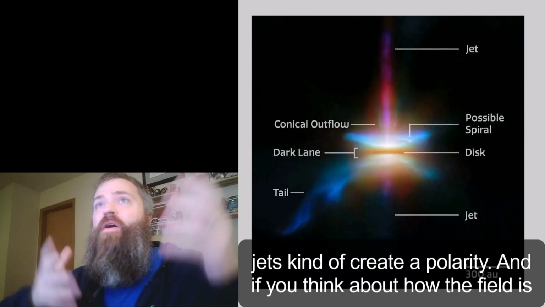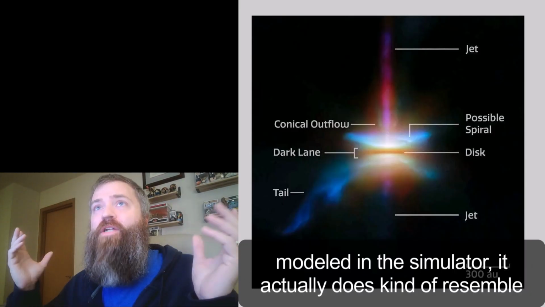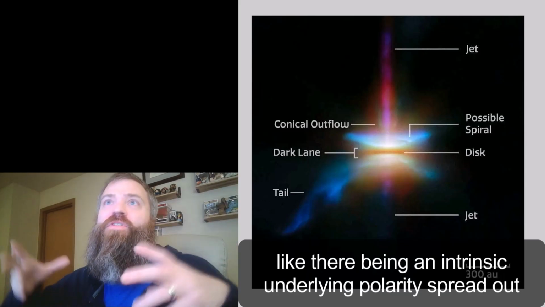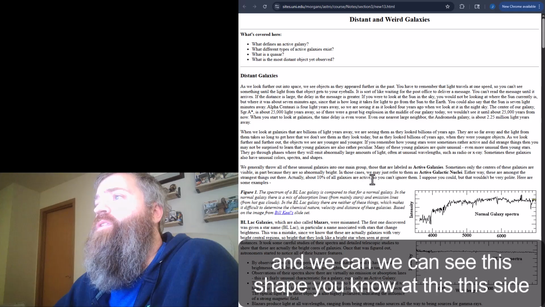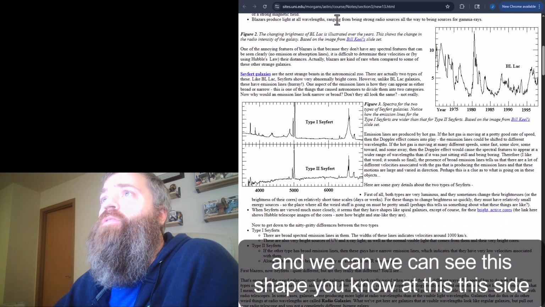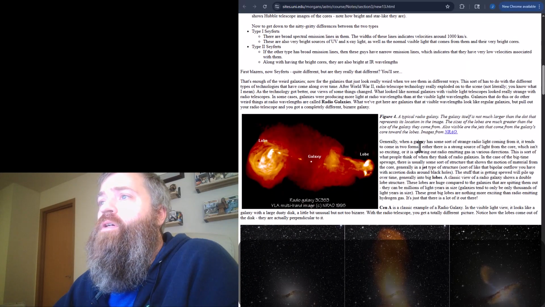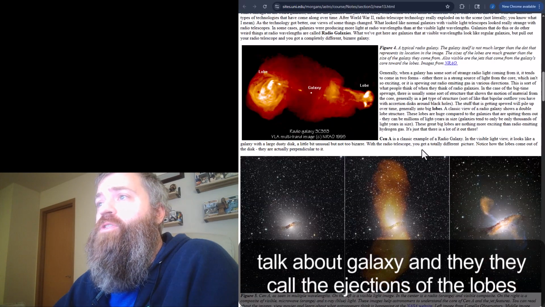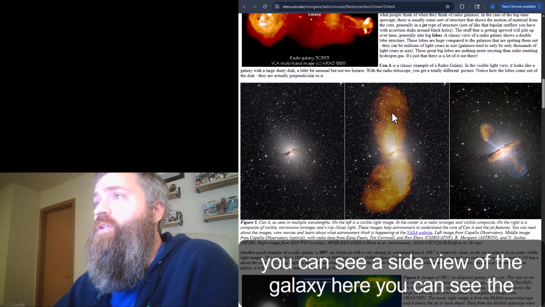And if you think about how the field is modeled in the simulator, it actually does resemble there being an intrinsic underlying polarity spread throughout it. We can see this shape at this site, hosted by uni.edu. Here they talk about a galaxy, and they call them the injections of the lobes. You can see a side view of a galaxy here.